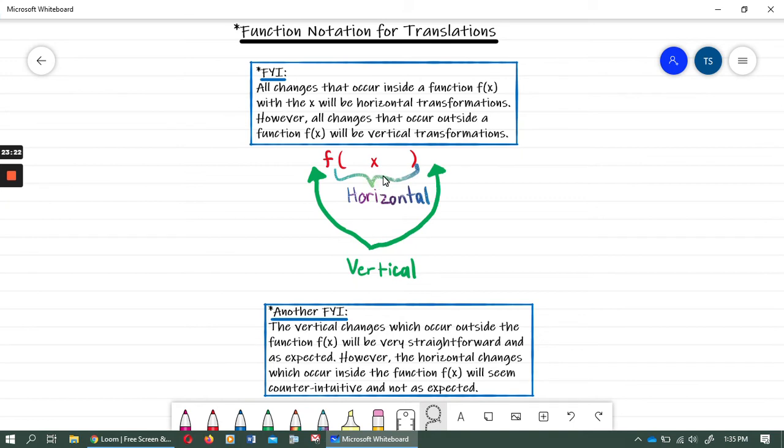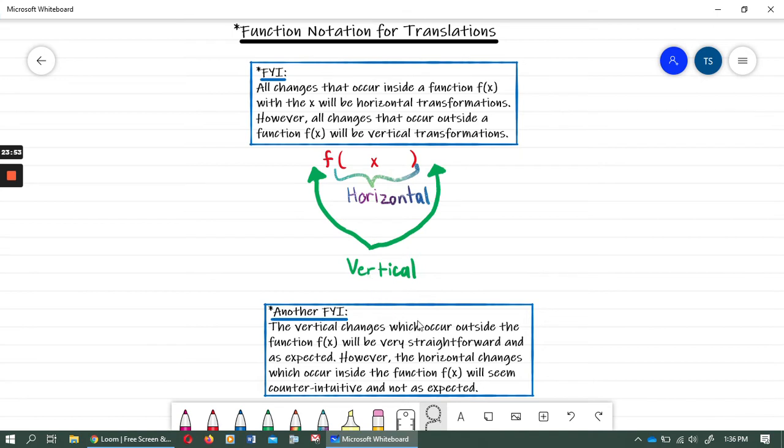The inside of it with the x, the input, those are going to be horizontal changes. And if you have anything that's written outside of the function, either on the left side or on the right side of it, but not actually inside the function with the x, then those changes are going to be vertical types of changes.